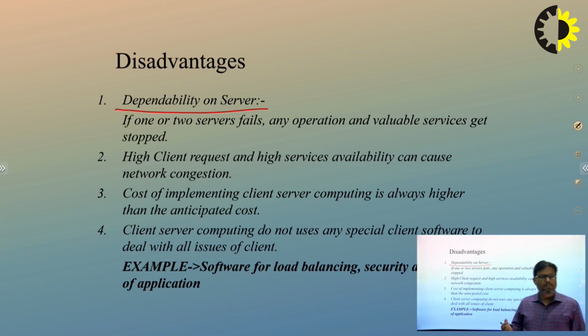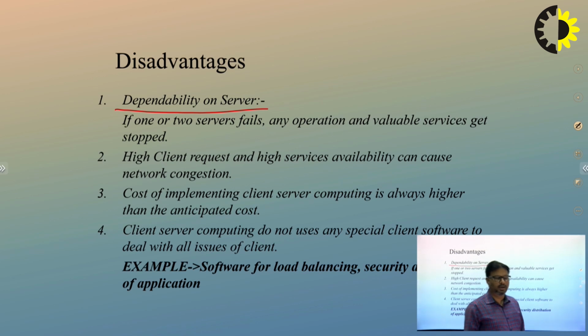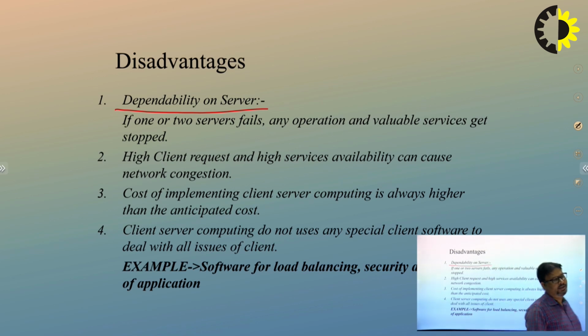Obviously, because if you use client-server architecture, you will pay a high amount. Client-server computing does not use any special client software to deal with all issues of the client, so software is needed for load balancing, security, and distribution of the application.